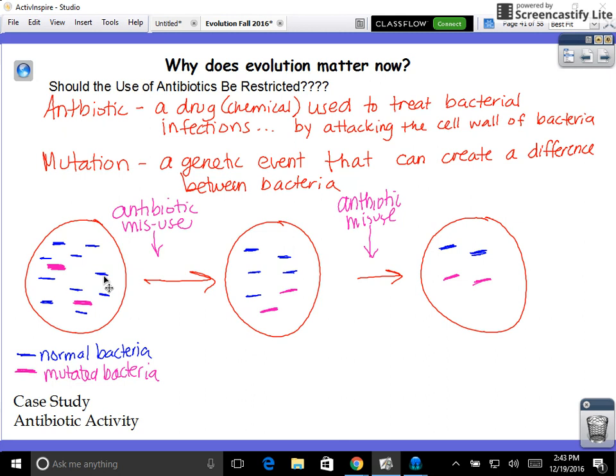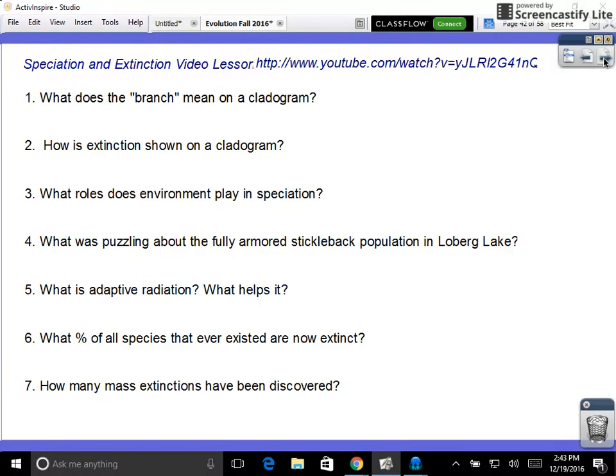Those bacteria are antibiotic resistant, so the strongest survive, continue to reproduce, and we're running out of antibiotics to treat those. So it's a real life application of how this information can be used.